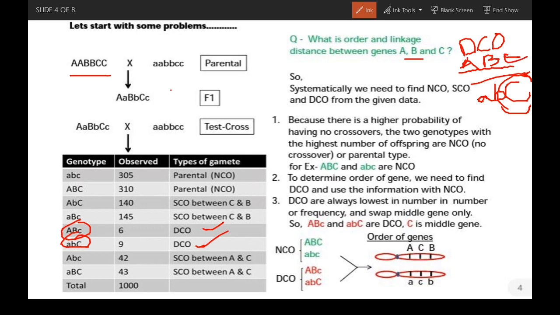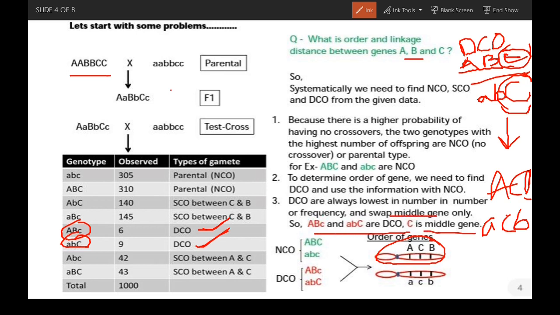Here this is small c and there is capital C, so C has been swapped. So that means C is the middle gene. In a double crossover only the middle gene is swapped. So the order of the genes will be ACB, because in a double crossover the middle gene is always swapped, right? So this is the order of the genes.